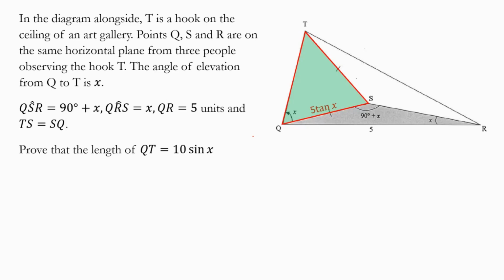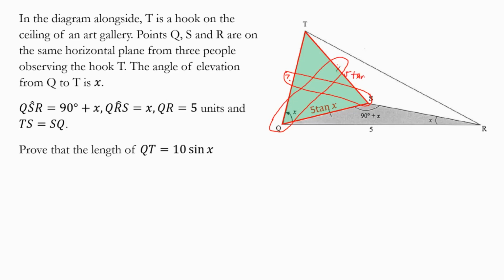Let's check. We have QT there. It goes with angle QST there. And then we have side TS. TS we have because TS is equal to QS, so this one also is 5 tan X.